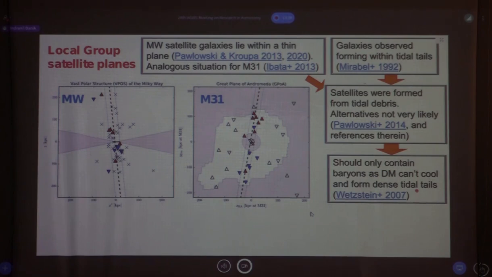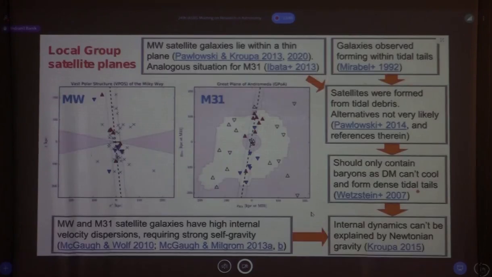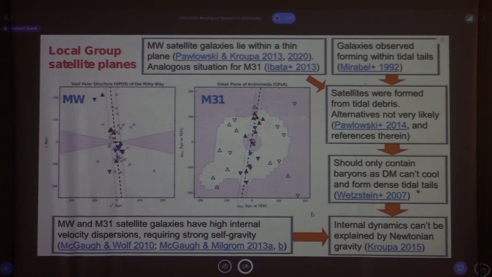As a result of that, they should have very low internal velocity dispersions. But observationally, this is not the case. They actually have very high internal velocity dispersions, which implies that they must have rather strong self-gravity. Otherwise, they would have sort of exploded by now. They could not have remained bound.